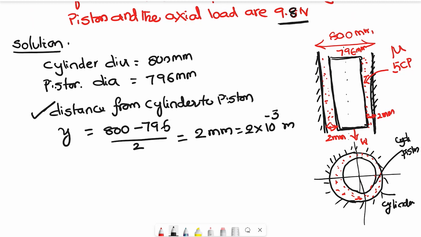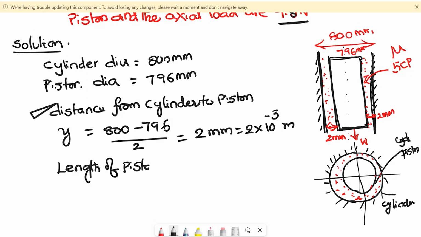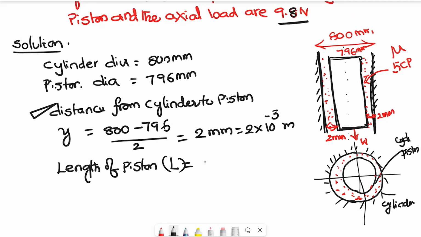One thing is over for us. Then what is the length? Length of piston, that is L. L is equal to how much? 200 mm, so 200 mm means 0.2 meters. This is also the second one. What is the third one that we can do? What is the viscosity? Mu is equal to 5 centipoise.